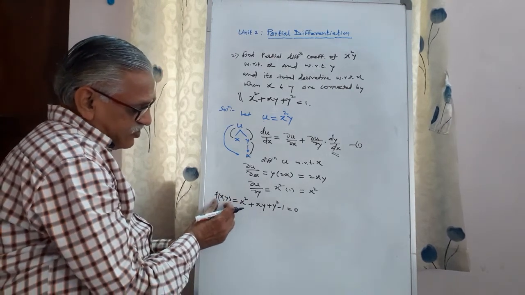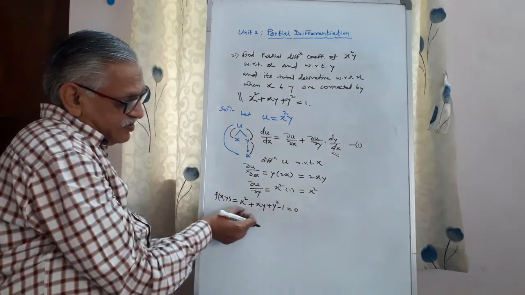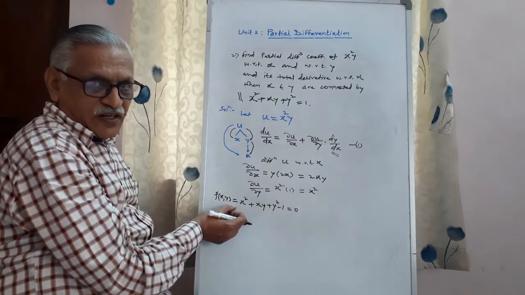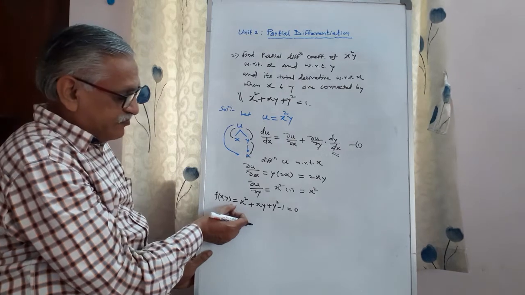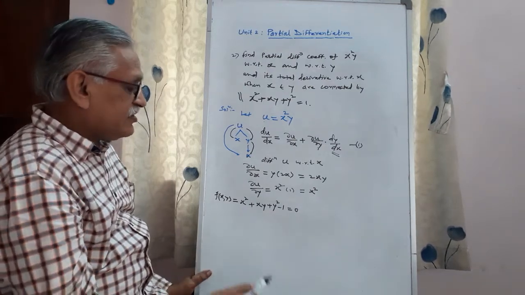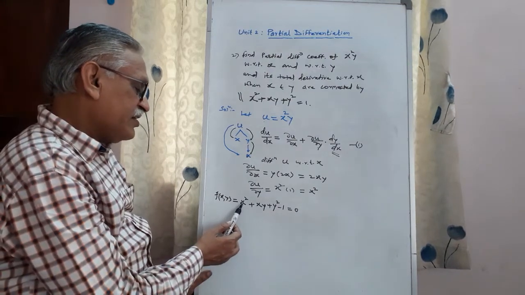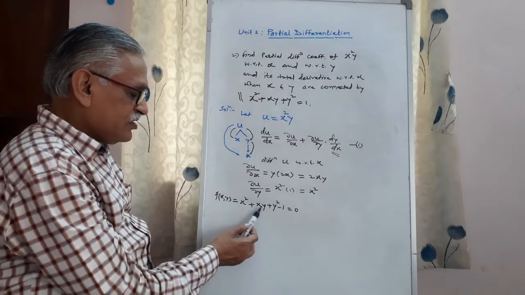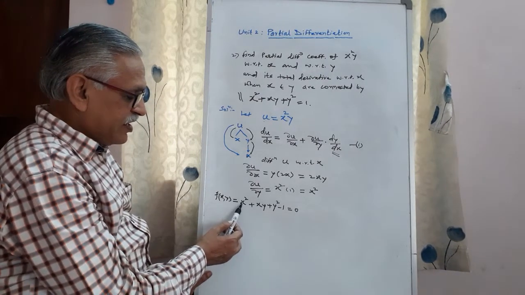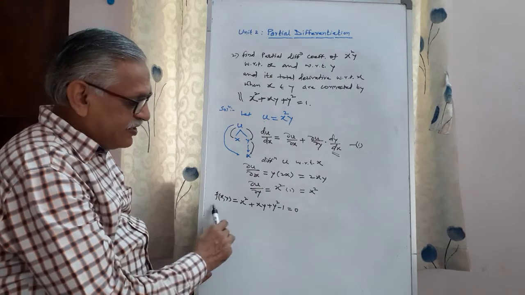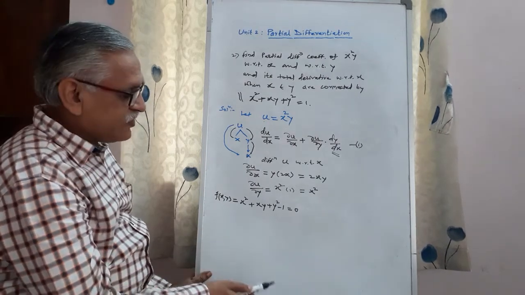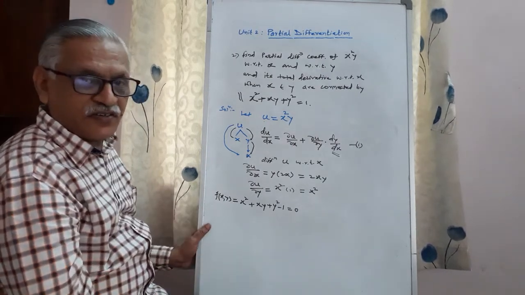Therefore we get function of xy equals to 0, means it is an implicit relation, general form of an implicit relation. How is it an implicit relation? Here it is not possible for us to express x in terms of y or y in terms of x. That's why it is an implicit relation.